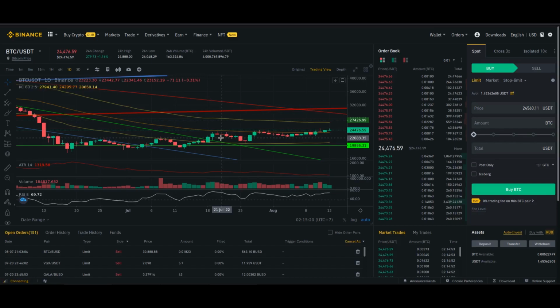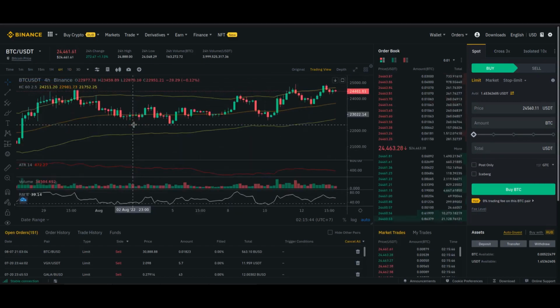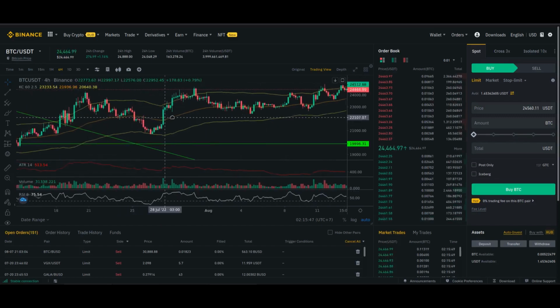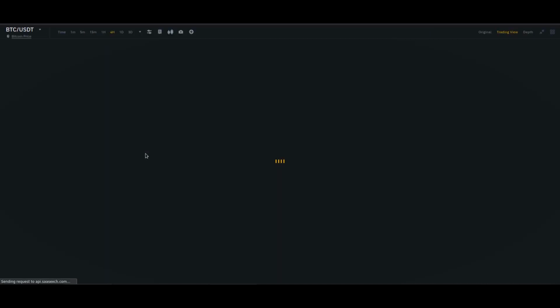Because we had a great movement, volatility increased. So probably it is a good idea to sell volatility, because usually after a great movement, let's switch to the H4 time frame. Here we are. This is the movement.